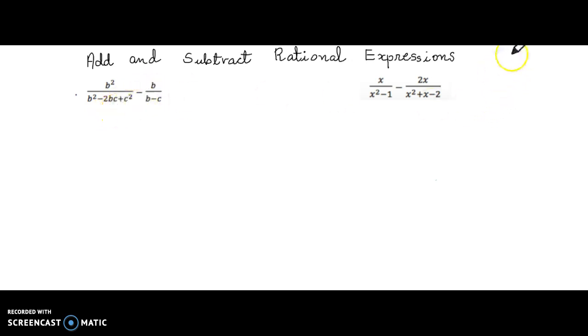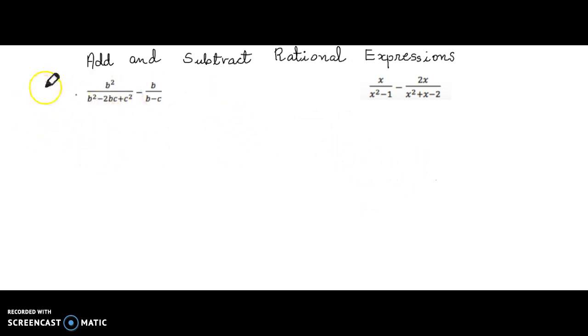Some of the rules that we usually use: if it's a trinomial, the two things we can check are, can it be factored using the sum product method, or can it be factored using the perfect square trinomial way, or any other options?